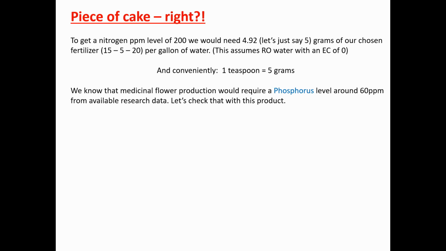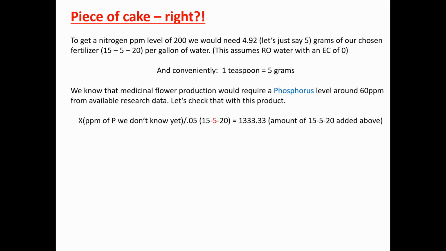So let's look at an example of another element and see what that translates to as parts per million when we add the 5 grams to reach the 200 parts per million of nitrogen. So let's look at phosphorus as an example. We know from research that phosphorus levels for medicinal crops would like to be somewhere in that 60-70 parts per million from the current research data.